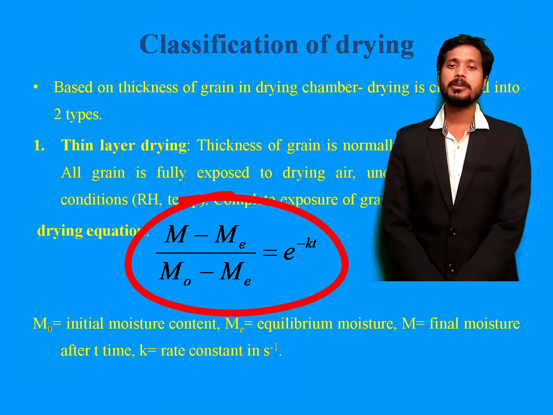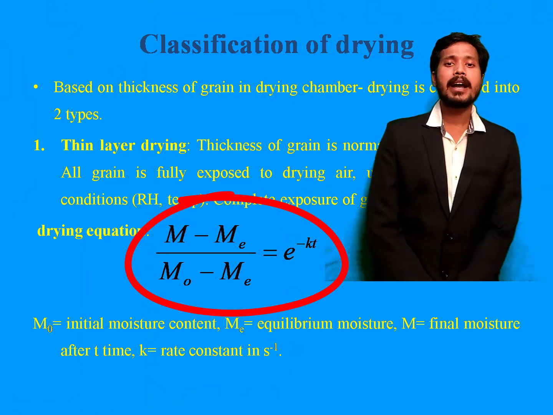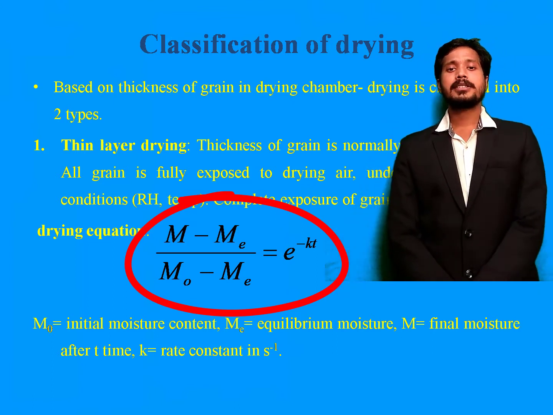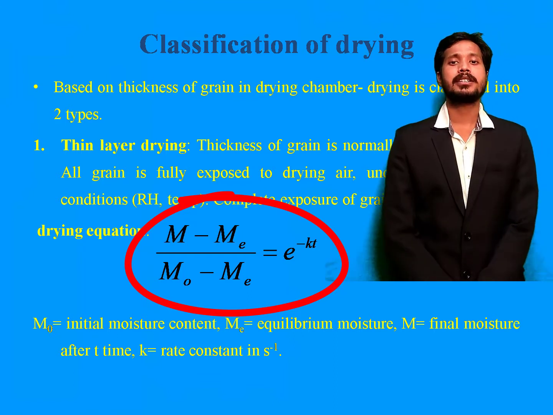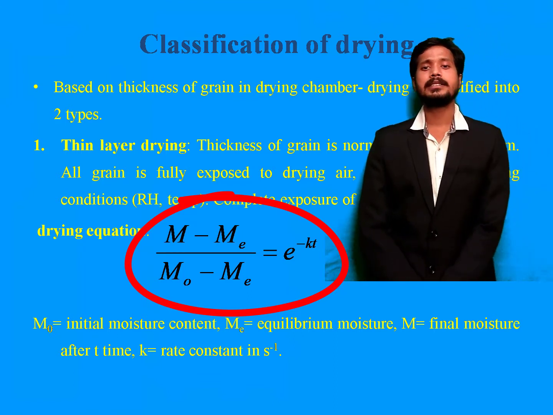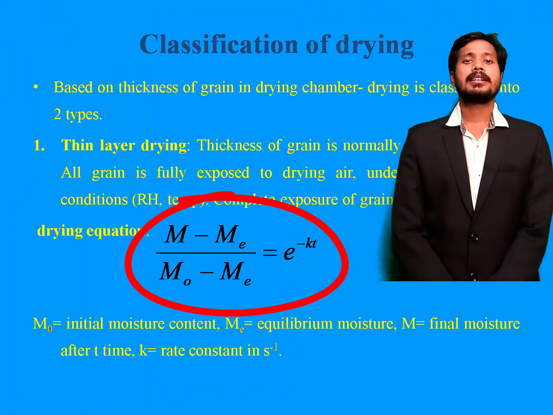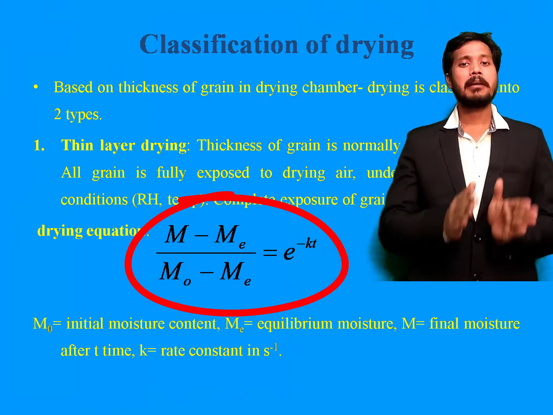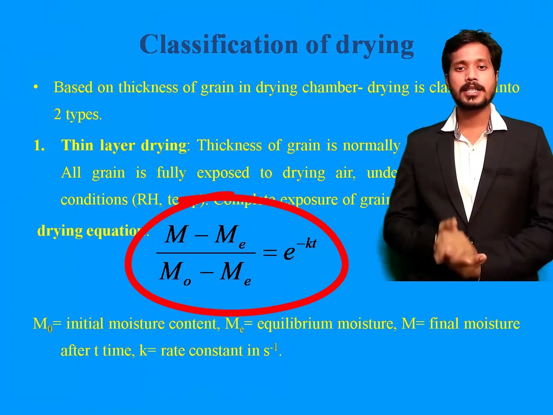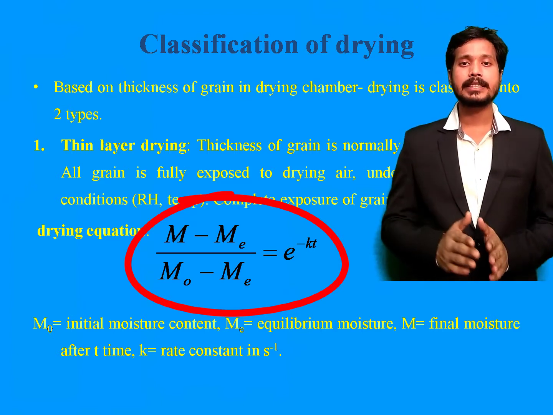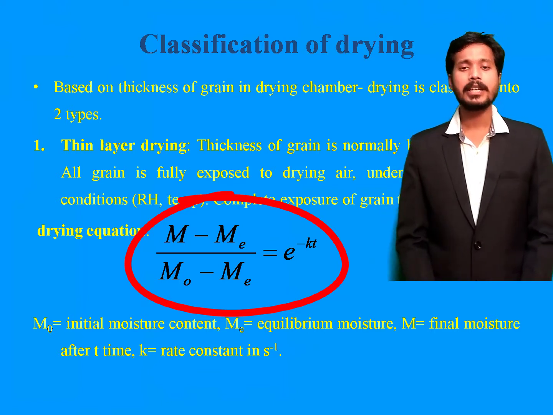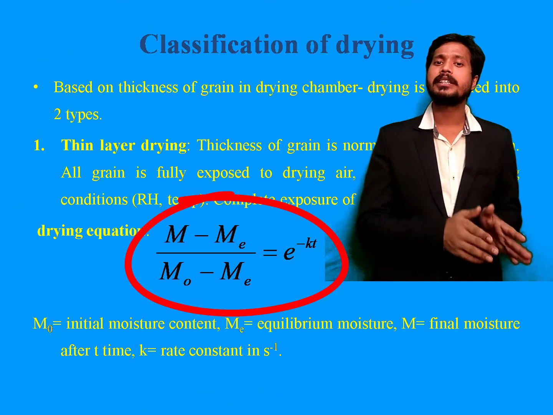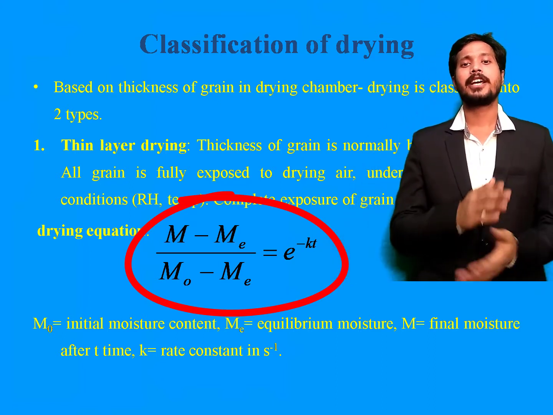Moisture ratio means we can write it as (M minus Me) by (M naught minus Me). What is this M? M is the final moisture content after time T, whereas M naught is the initial moisture content and Me is the equilibrium moisture content. All these moisture contents will be given in decimal, not percentage, and on dry basis.